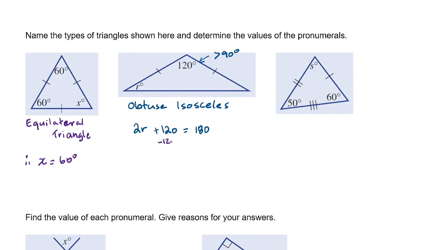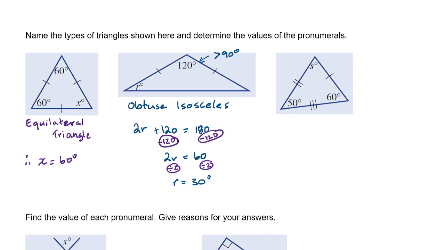So I take 120 away, and I end up with 2R equals 60. Then, because I am multiplying by 2, I need to divide both sides by 2. That gives me R equals 30. So R is 30 degrees. That's quite a good one as well.